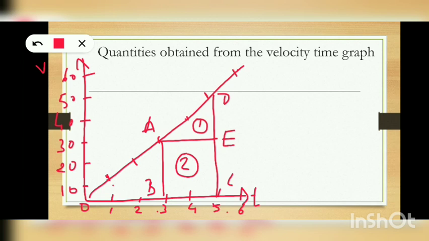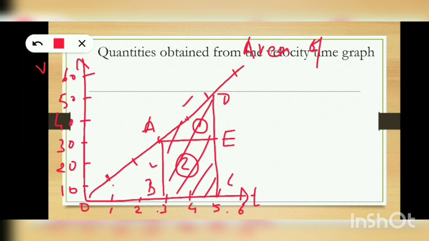So the total area of this whole region will be the sum of the area of the triangle and the area of the rectangle. That means total area is equal to area of triangle plus area of rectangle. So first let's find the area of the rectangle.